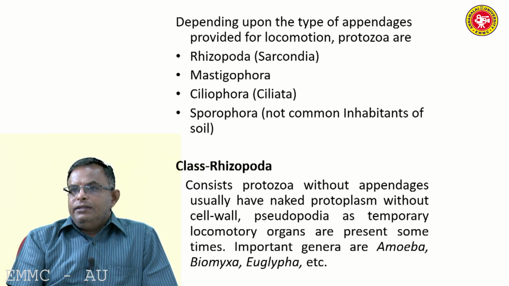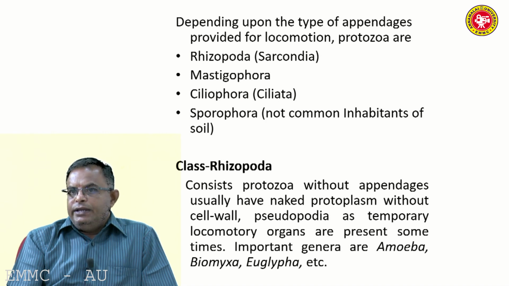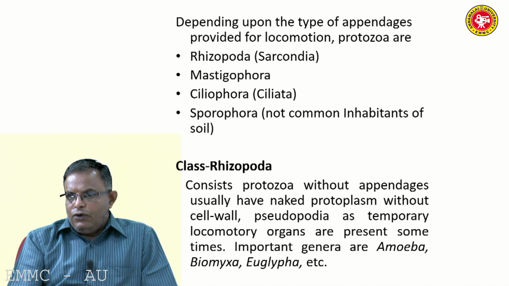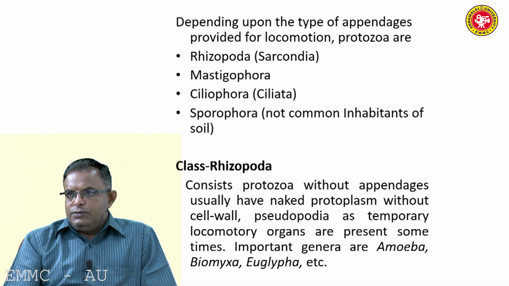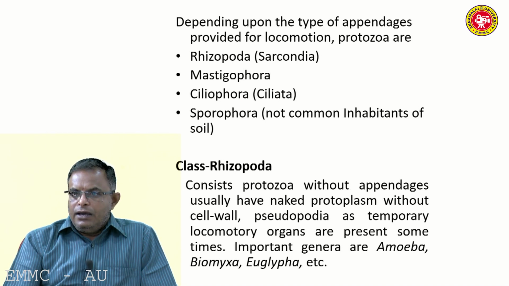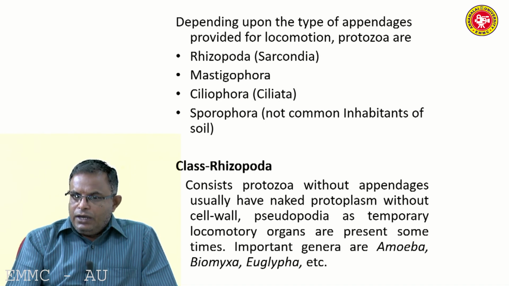Depending on the type of appendages provided for locomotion, protozoa are Rhizopoda, Mastigophora, Ciliophora and Sporozoa. Rhizopoda consist of protozoa without appendages, usually having naked protoplasm without a cell wall, with pseudopodia sometimes present as temporary locomotory organs. The important genera under Rhizopoda are Amoeba, Biomyxa and Euglypha.